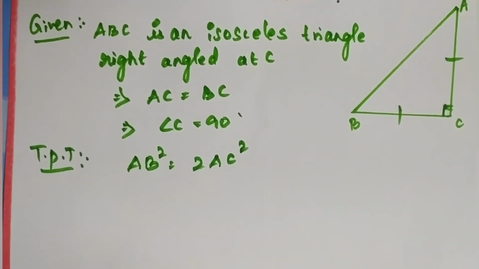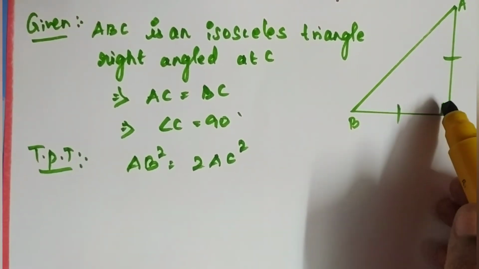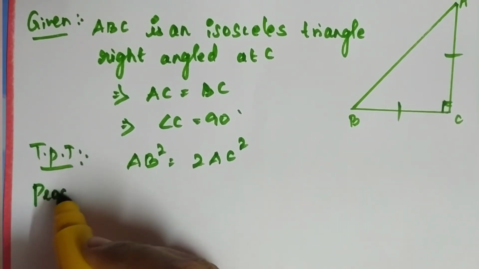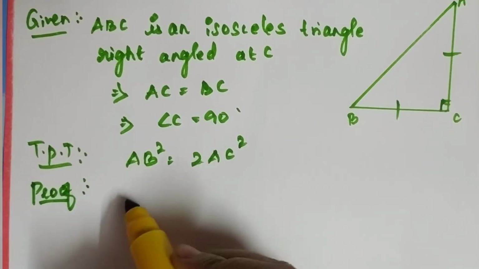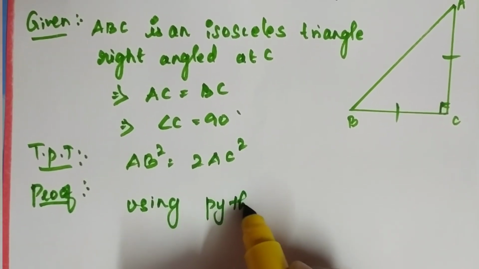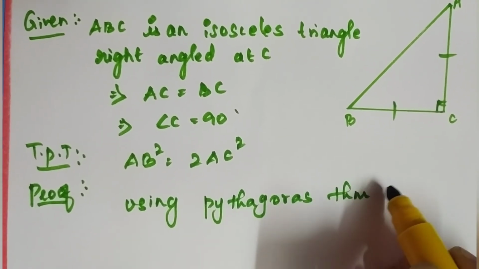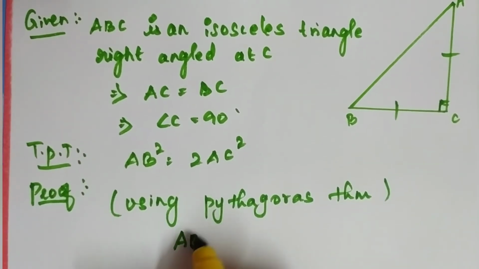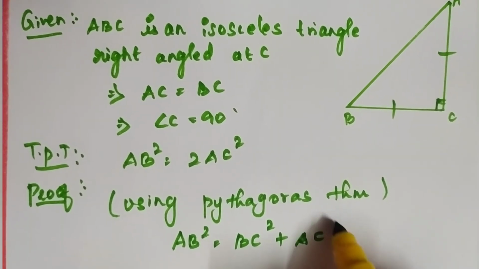So I'm going to prove it. We have only one triangle, and that too a right triangle. So I'm going to use the Pythagoras theorem to prove this problem. Using Pythagoras theorem, we can write that AB square is equal to BC square plus AC square.